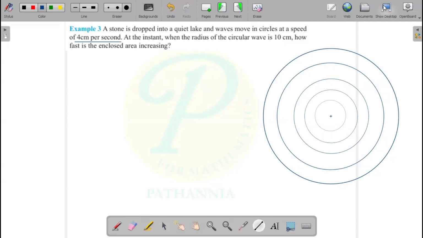the unit will also tell you. Radius, right? So again, let A be the area of a circle with radius r, which keeps on changing as the wave moves ahead.